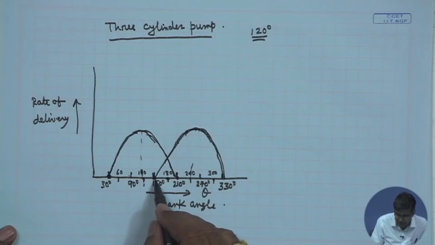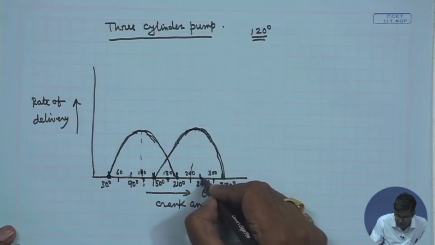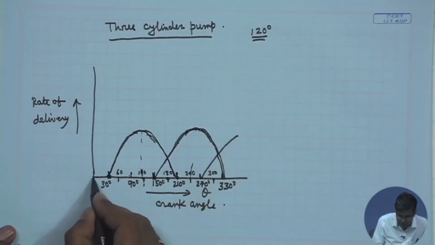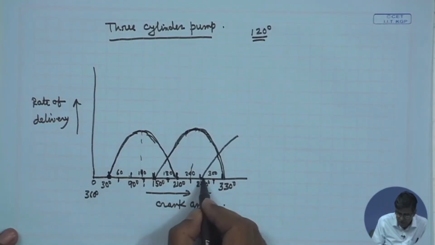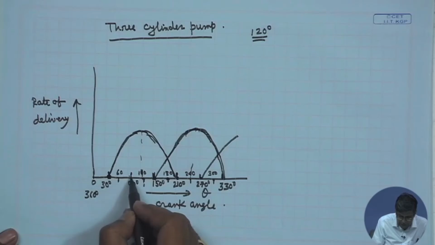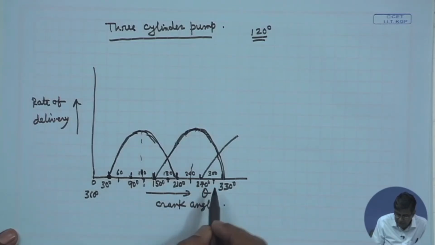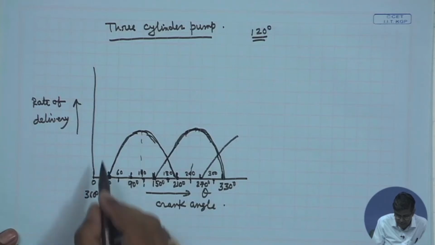Similarly, another cylinder will start at 150 plus 120, which is 270. It will go like this, and 360 is 0. It starts at 270 and, adding 180, ends at 90, because 360 plus 90.